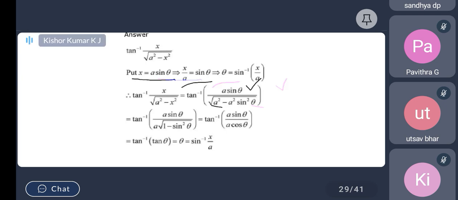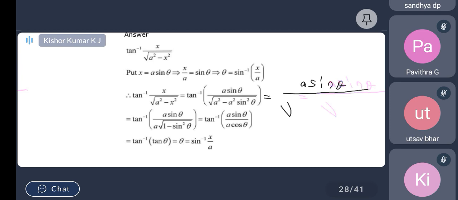After this, you just observe the denominator, in these two terms we can easily take a square as common. So what we get, if we take a square common, the problem will be in the form of a sin theta divided by square root of, I will take a square common, 1 minus sin square theta.